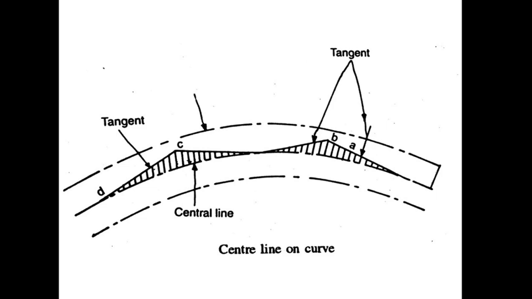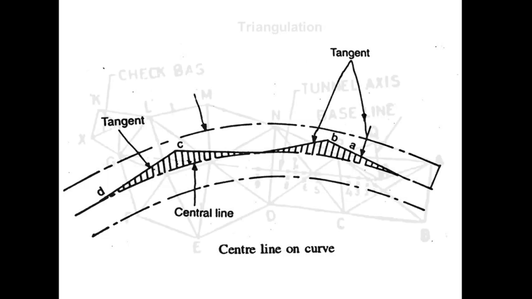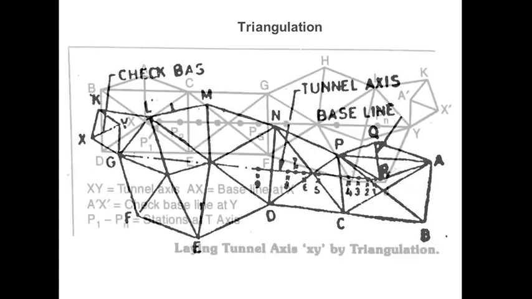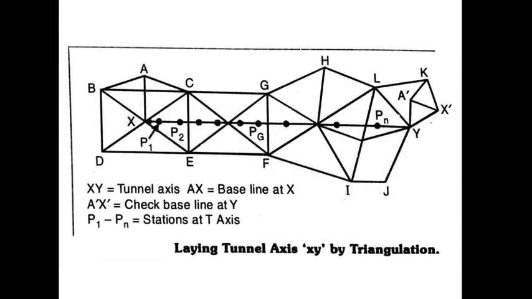So this is the center line on a curve. This is the tangent and the center line. This is the triangulation survey, which is used for tunnel alignment fixation for the laying of the tunnel axis.